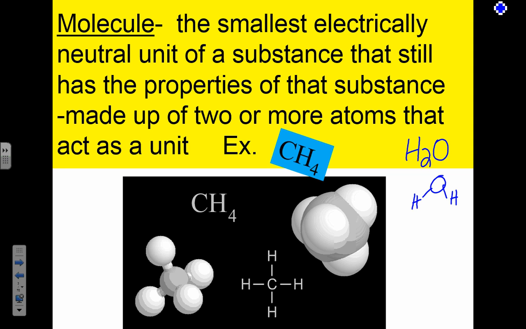This is the smallest possible thing that could be water. If we change this in any way, like removing one of the hydrogens, it's no longer water. It's hydroxide, which is much different than water.